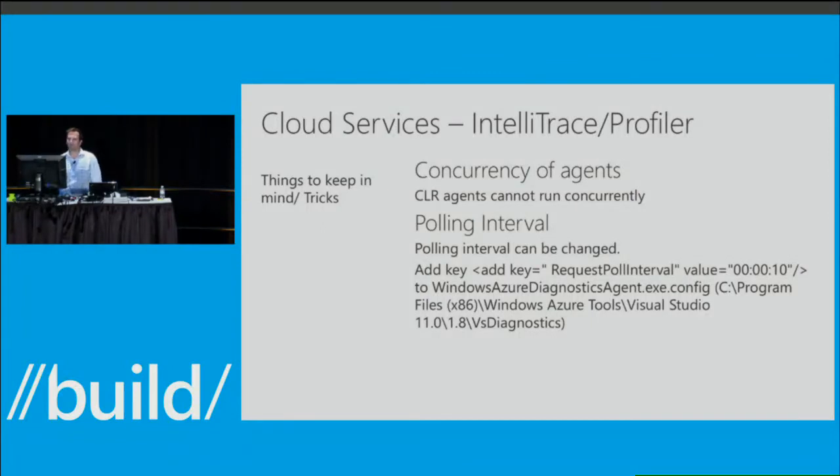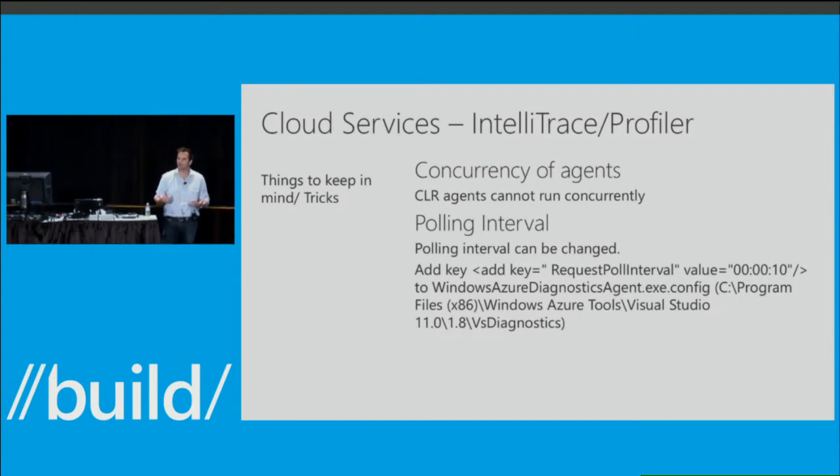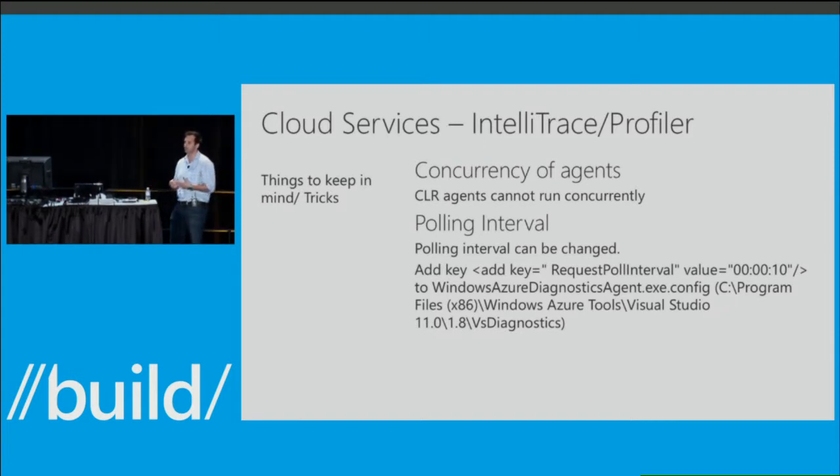So for cloud services, IntelliTrace, and profiler, the thing to keep in mind is concurrency of agents right now, because you cannot have multiple CLR agents running at the same time. Why am I saying that? There are really great third-party tools out there for CLR profiling, like New Relic and things like that, and you can enable them through the portal.